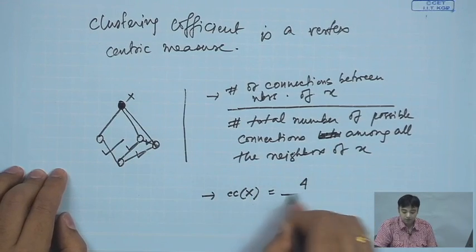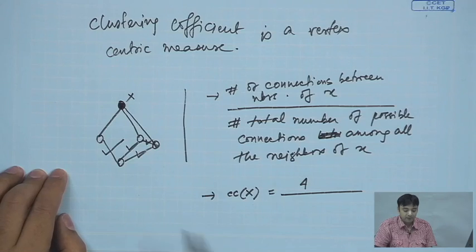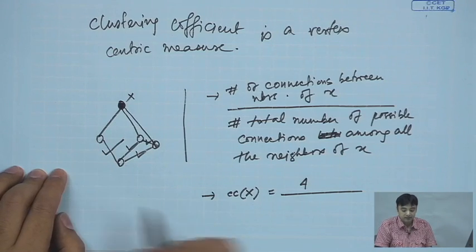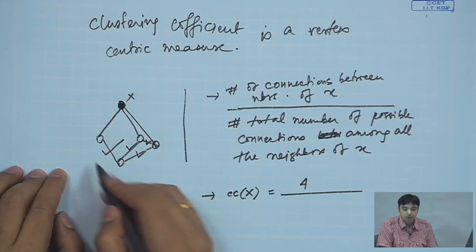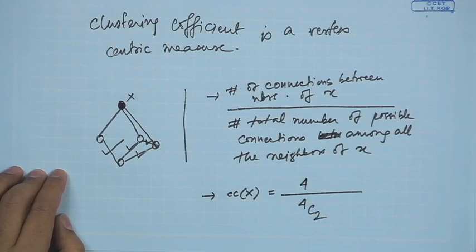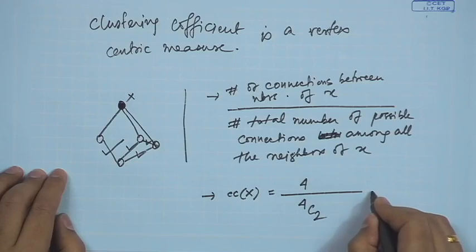So, you have 4 divided by the total number of possible edges. What is the total number of possible edges? Since there are 4 nodes, there should be 4 C2 possible edges. This ratio defines the clustering coefficient of a particular node.